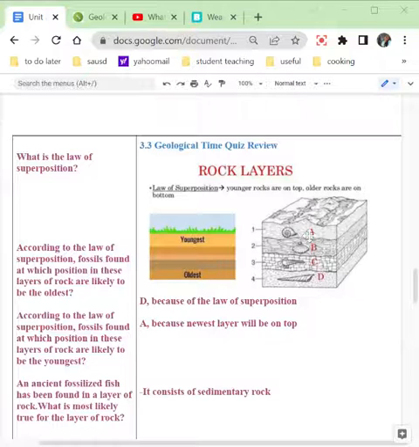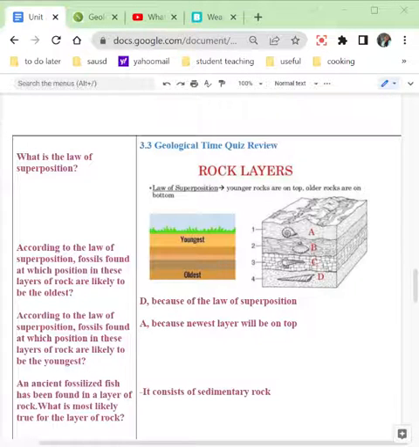But the lower ones, the more lower we go, it can be more thousands, even tens of thousands, the deeper we go. So that's why sometimes we see paleontologists try to dig as much further down as they can.